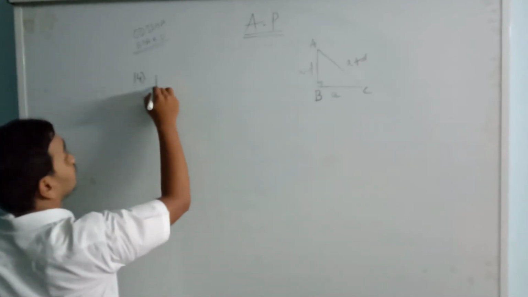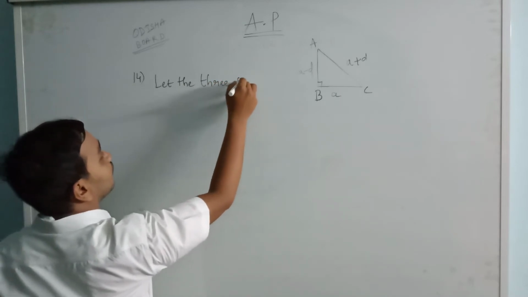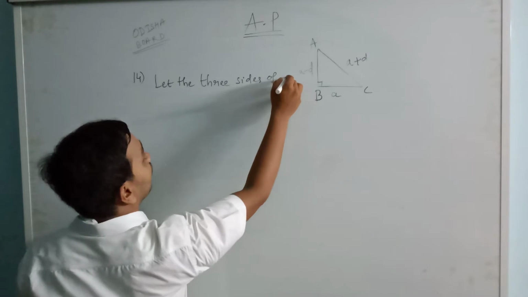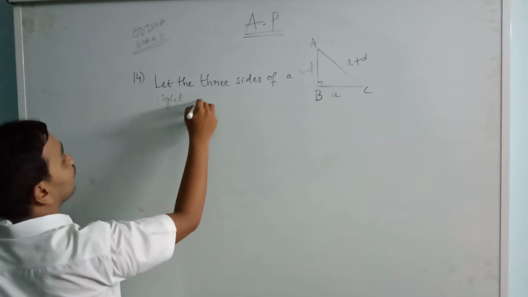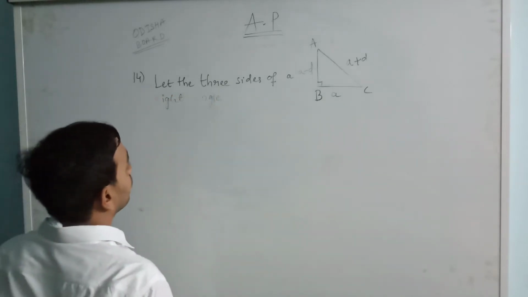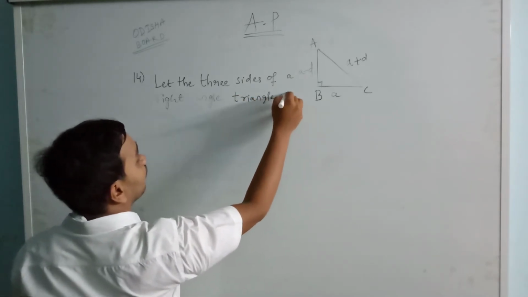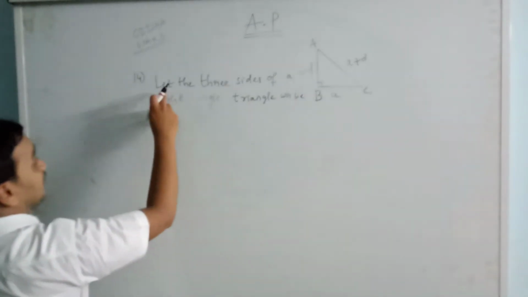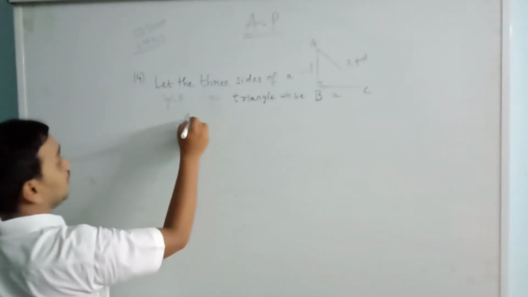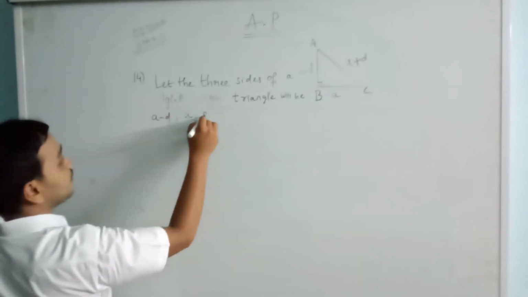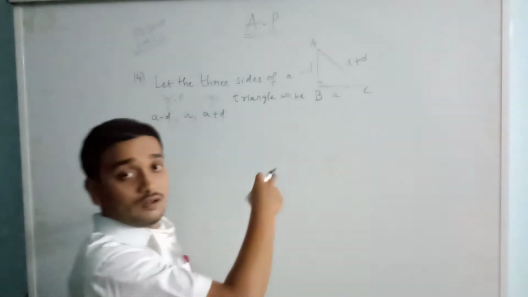Let the three sides of a right angle triangle be A minus D, A, A plus D. So now we will solve the question.